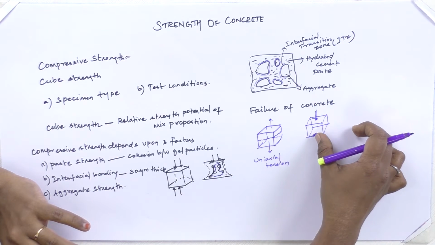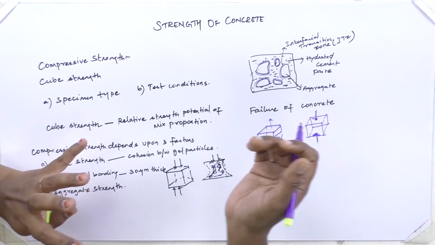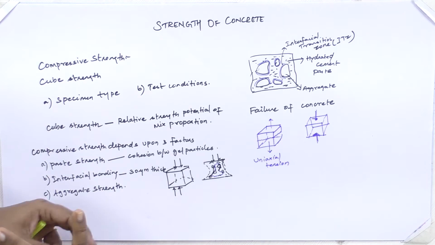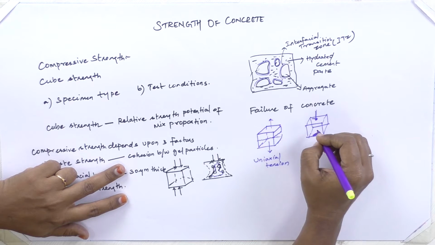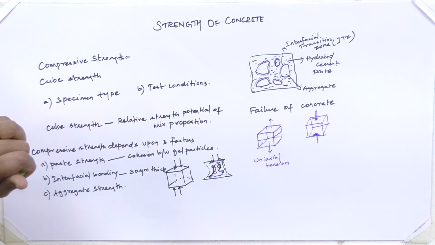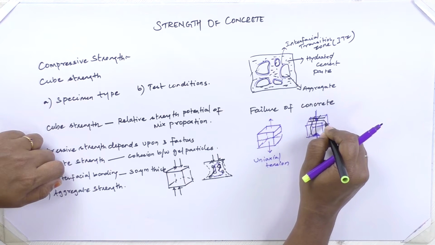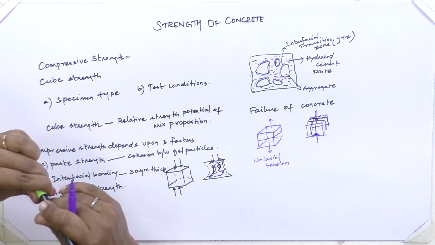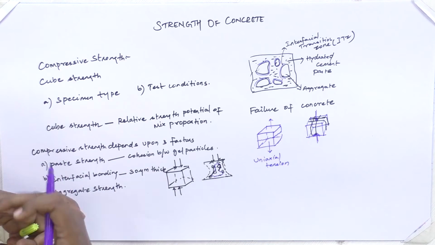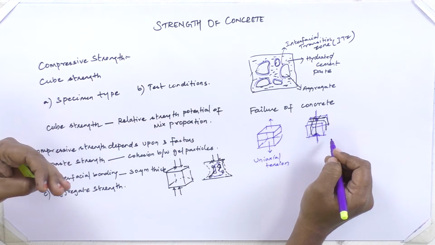When I am placing it in a compressive strength testing machine, the platens will be holding the top and the bottom surface of the cube, and load will be applied. Then I will be observing cracks in this manner. When I am pressing the material like this, it is free to move in the other direction. So, I will be observing vertical cracks.